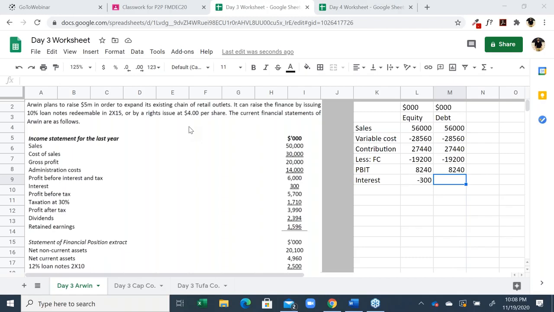It's 5 million, and the interest is 10%. That's for the new one, and the existing one will stay the same, 300. So it's going to be 800. So PBT, profit before tax.